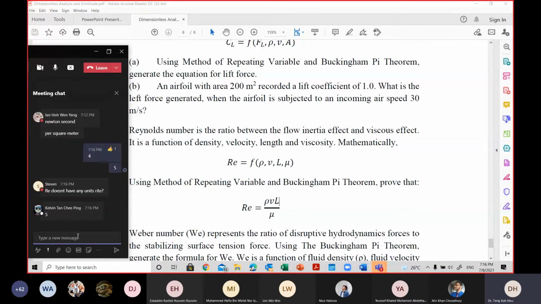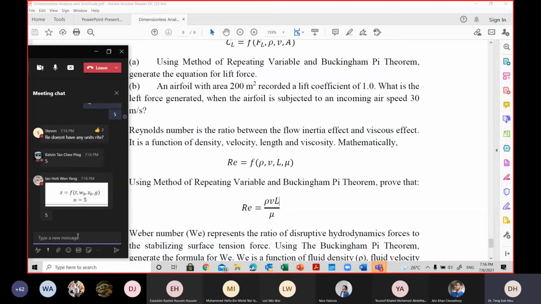Does Re have any units? Yes, Re doesn't have any units, that's right. So do you need to consider Re? Yep. The answer is 5, right? Even though your Re is dimensionless, you still need to consider it as one of the parameters. It's just a dimensionless parameter.